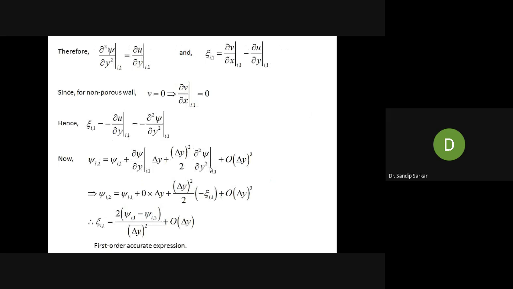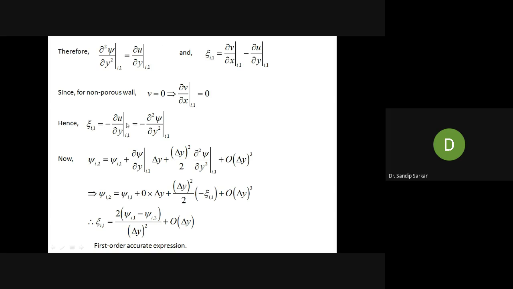Okay. So we can write zeta I1 equal to del v del x minus del u del y. V is also 0, and V equal to 0 means del v del x equal to 0. So in this equation, zeta I1 equals minus del u del y.